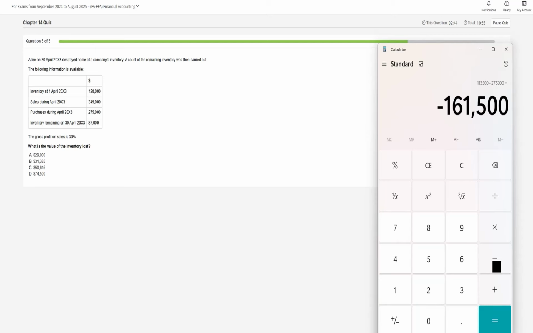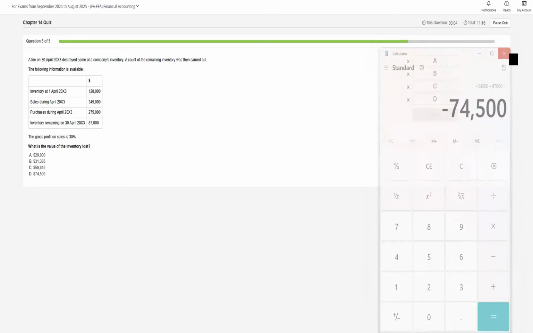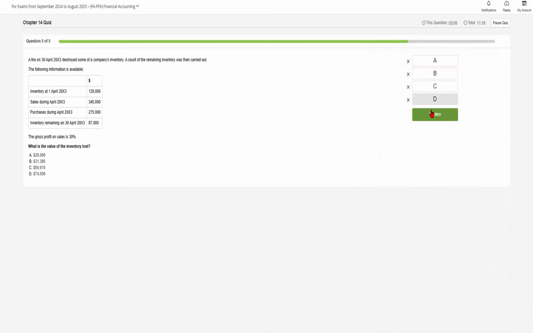I know this will be in the minus because on the other part of the equation there is minus closing inventory, so the minus will be cancelled out. So our closing inventory value is 161,500. But according to the question it's 87,000. That means the value of inventory lost is 74,500.